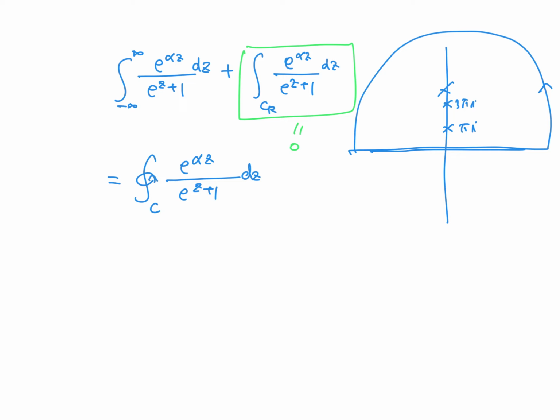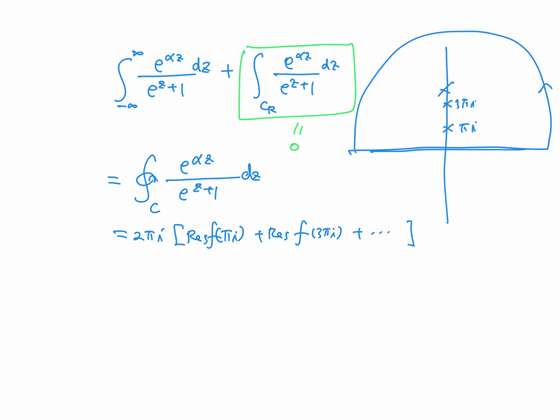Then you can apply the residue theorem. It becomes 2 pi i times the residues at pi i, 3 pi i. So we have actually an infinite summation.